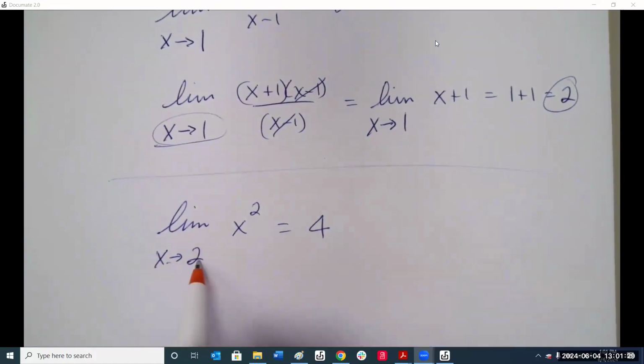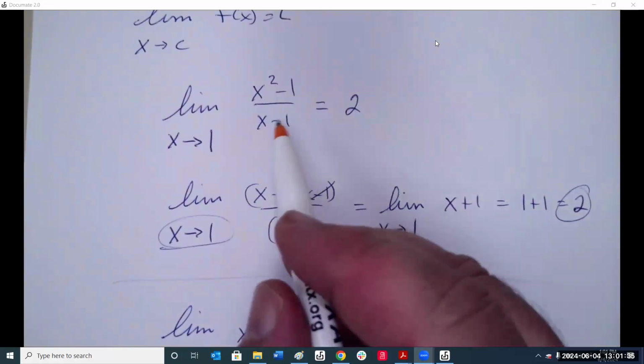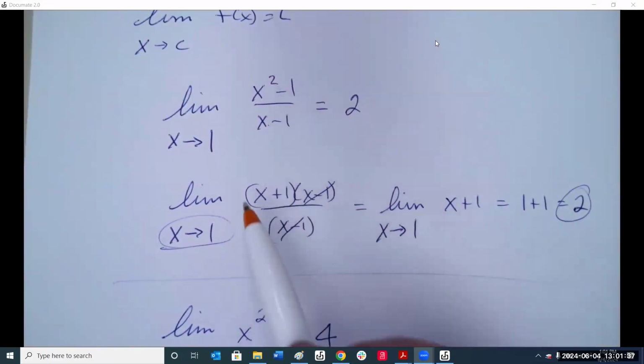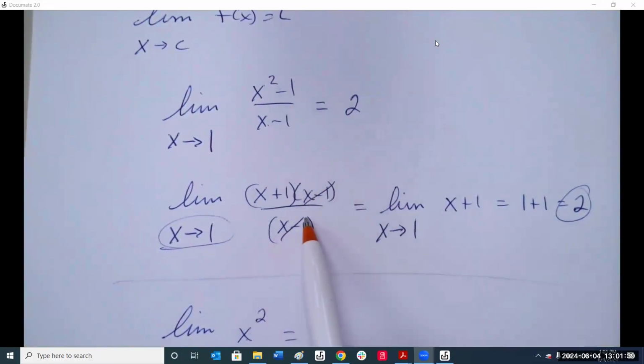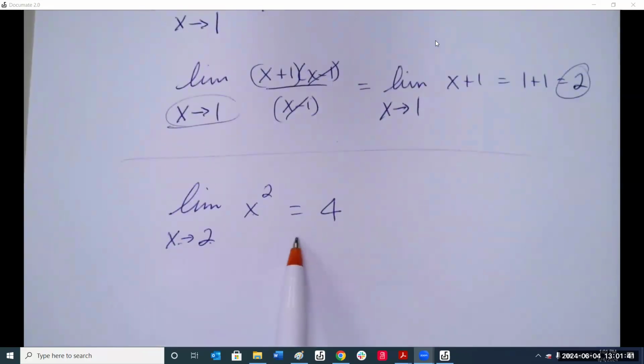Just as x approaches 2, plug it in there. If it works, it's great. If it doesn't work, like this last one, if I plug in 1, I get 0 over 0, then I've got to do something else. But if it works, you're done. That's the value the function is going to. As x approaches 2, it's going to equal 4.